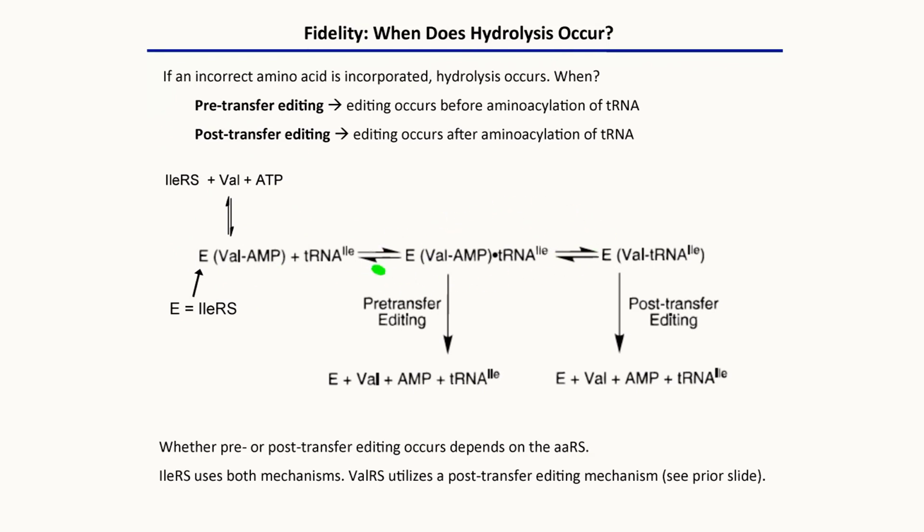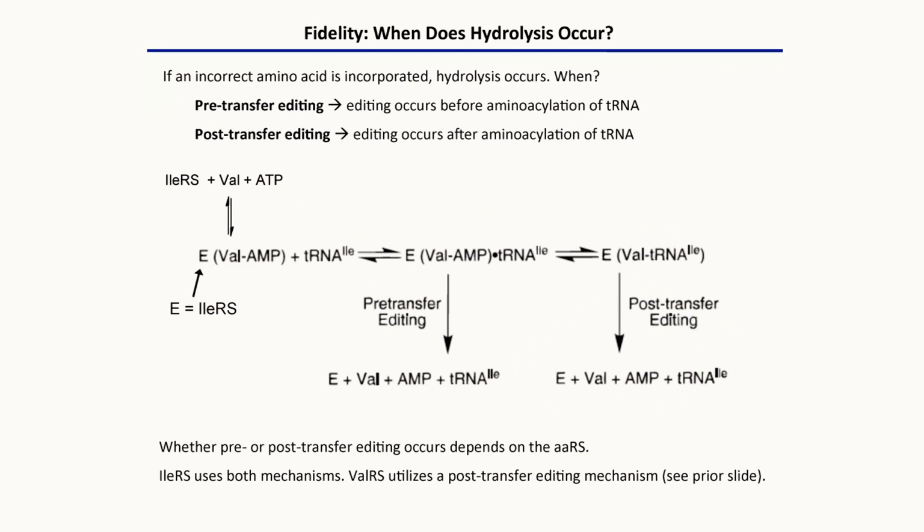So we have this complex form in this depiction. Pre-transfer editing would occur at this stage before the valine is transferred to the tRNA. And so what do we see? We see breakdown and these species. If the valine is transferred to the tRNA, we don't want this because that would result in misreading of the genetic code. Post-transfer editing, this species here is hydrolyzed.